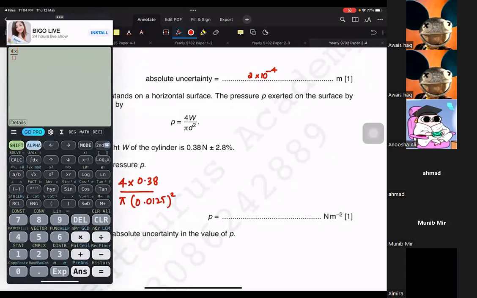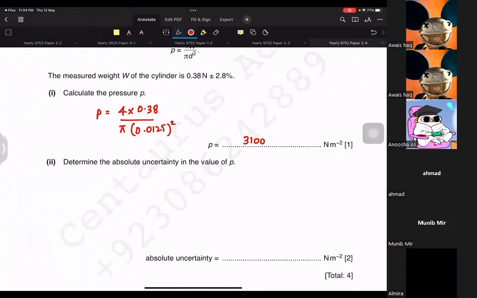So 4 times 2.38 divided by pi times 0.0125 whole squared. So this is 3100. Yeah. Then determine the absolute uncertainty in P.